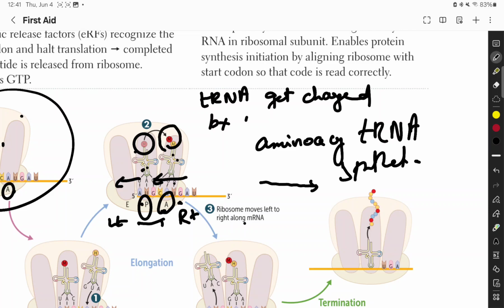So you need to remember that this is what happens. This moves from P site to E site, and the transfer RNA on the A site moves from A site to P site.